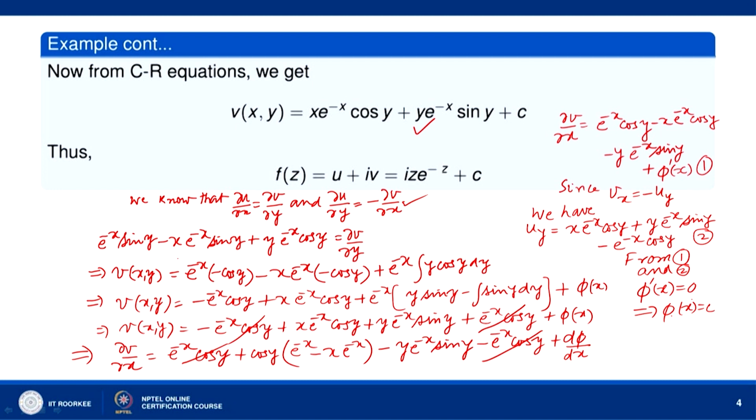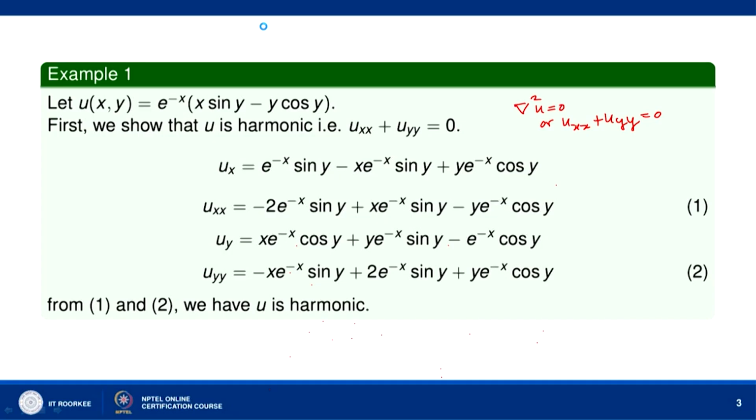Now f(z) equal to u plus iv, let us find the corresponding analytic function. So now we have the value of u equal to e to the power minus x (x sin y minus y cos y), this is u.